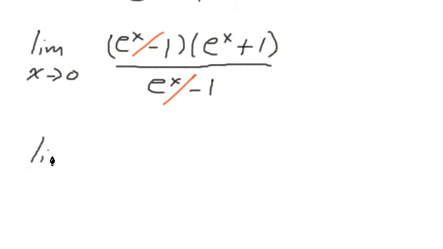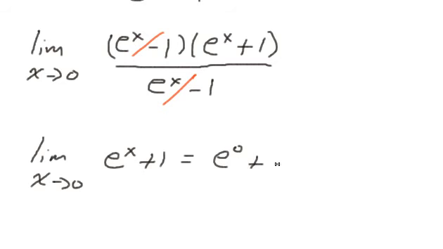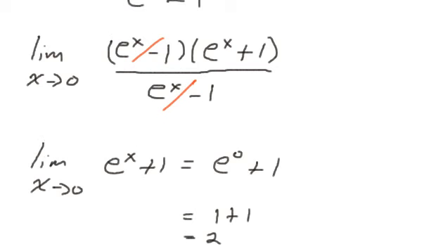We have the limit as x approaches 0 of e to the x plus 1. Now we can do the direct substitution, plugging 0 directly in. We get e to the 0 plus 1. Now a number raised to the 0 is just 1.